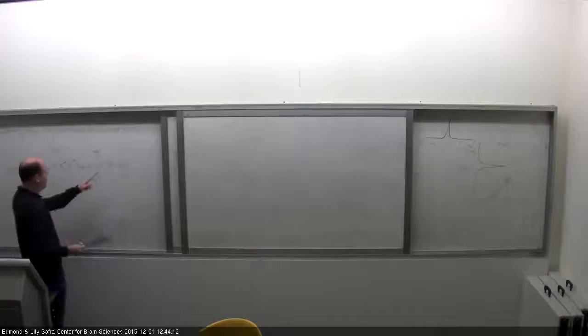Meaning that mu 0 is, what is mu 0? It's the average of 1, so it's 1. Mu 1 is the average of x. Mu 2 is the average of x squared, and so on.